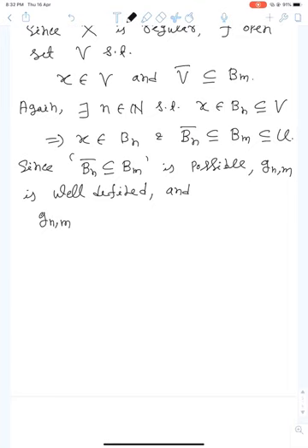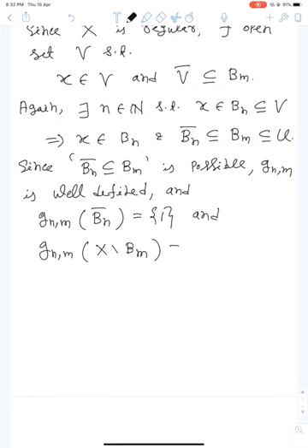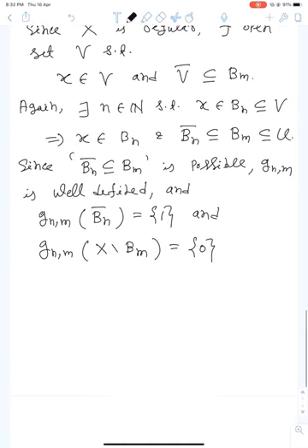G_{n,m} has the property that the closure of B_n is equal to 1, and G_{n,m} of X minus B_m is 0, right?